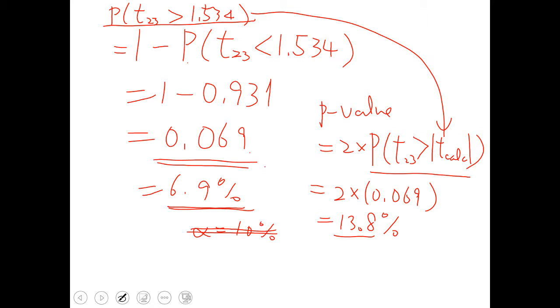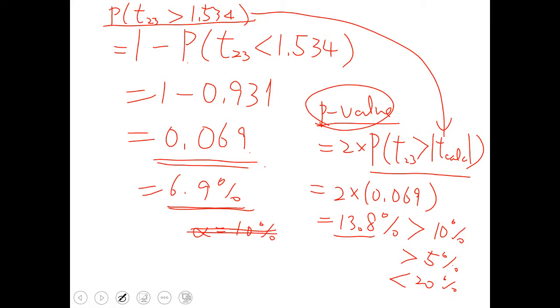So that is greater than 10%, and it is greater than 5%. But this value is less than 20%. So p-value is greater than 10%, so we can conclude that the null hypothesis is not rejected at 10% significance level.